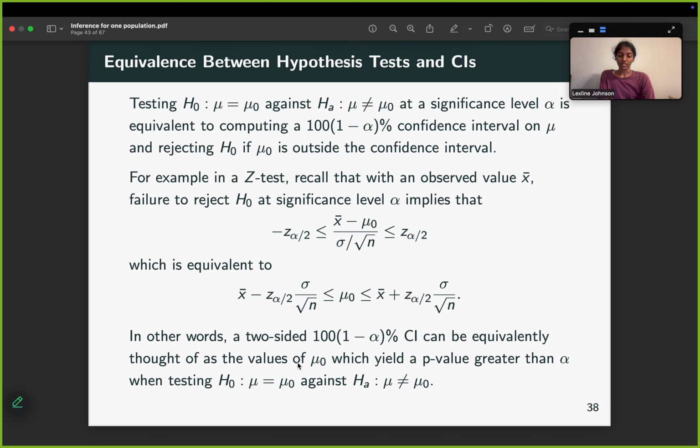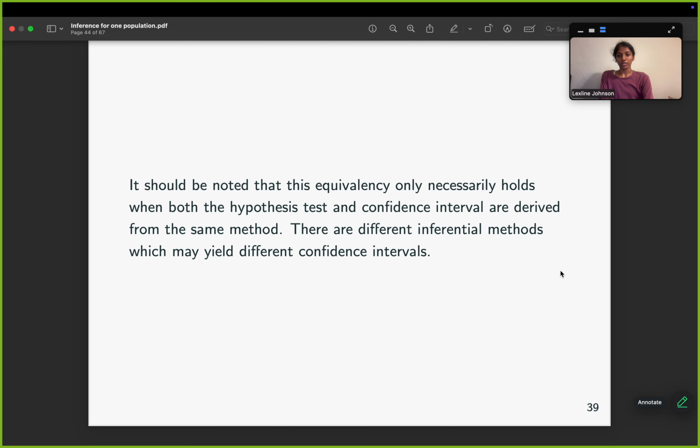It can be thought of as the values of our population mean which yield a p-value greater than our alpha value. So hypothesis testing is the same as computing our confidence interval in this case. Though it should be noted that this equivalency only holds true when both our hypothesis test and confidence interval are derived from the same method.